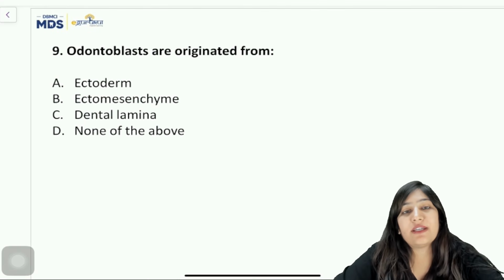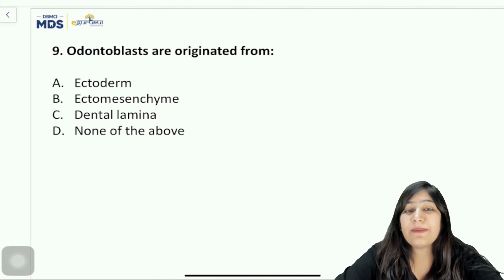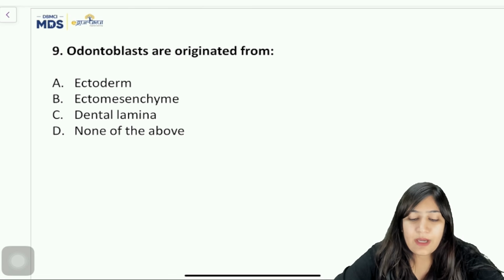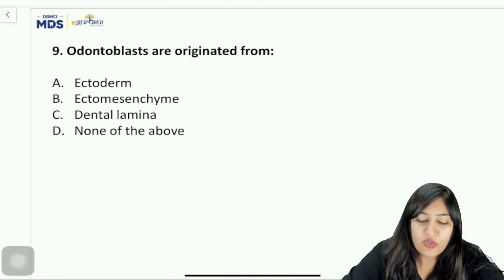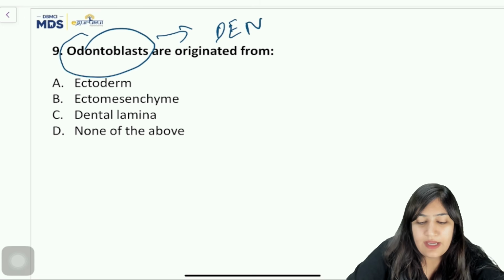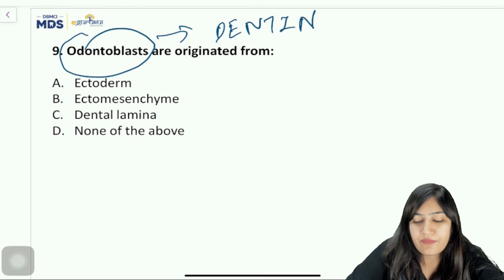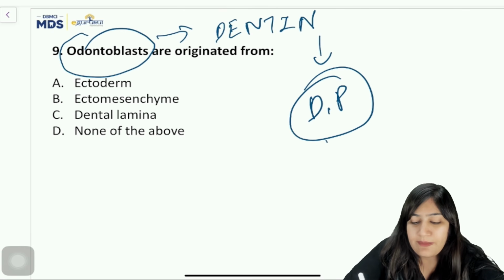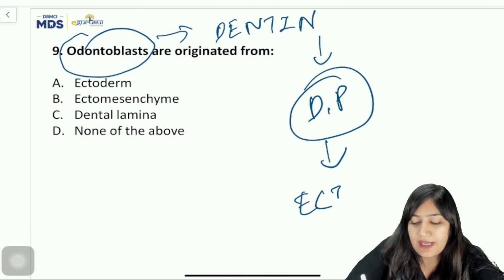Odontoblasts are originated from ectoderm, ectomesenchyme, dental lamina, or none of the above? So odontoblast cells form what? Dentine, right? And dentine is formed from what? Dental papilla, right? So dental papilla is mainly an ectomesenchymal structure.